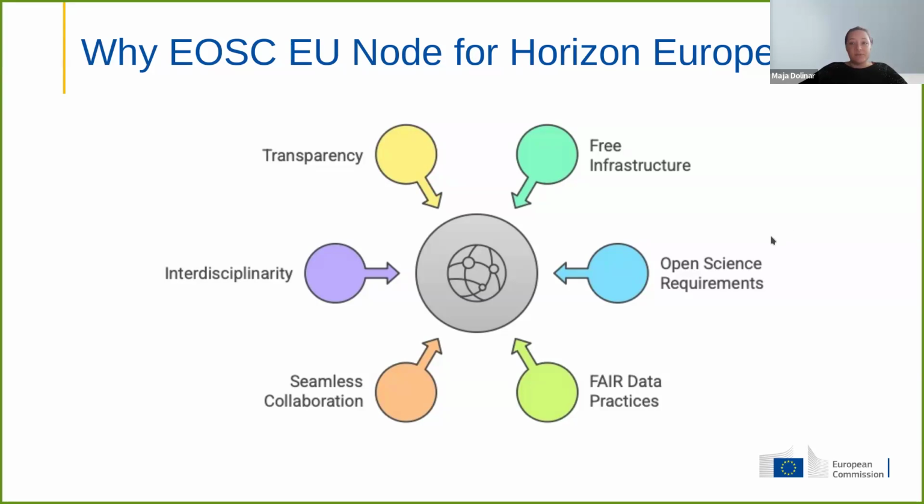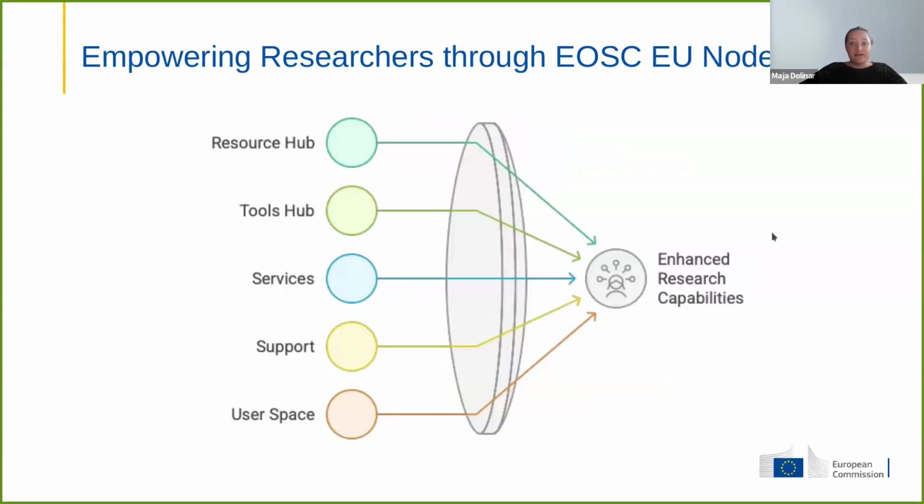The EOSC Node empowers researchers by providing access to a vast repository of over 140 million research resources. This is made available through the Resource Hub that enables seamless discovery and reuse of data, publications, and software. Researchers can also leverage the Tools Hub to easily deploy applications over cloud resources.